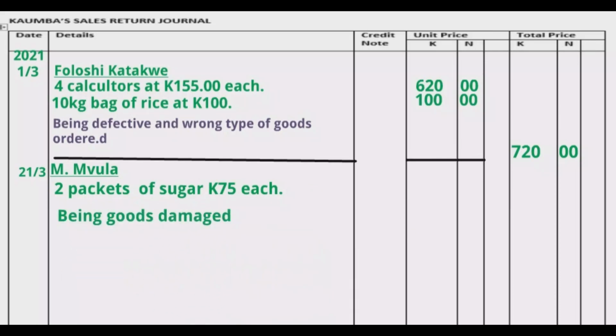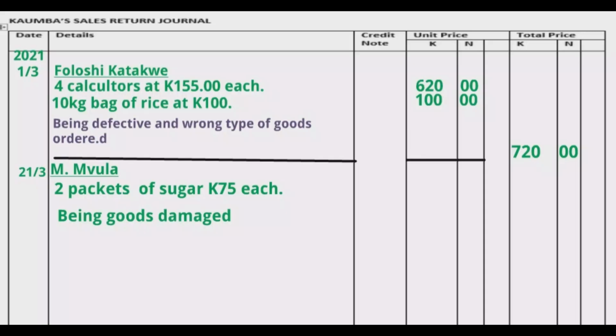So I'm going to write 2 packets of sugar at 75 kwacha each. Reason: goods being damaged.